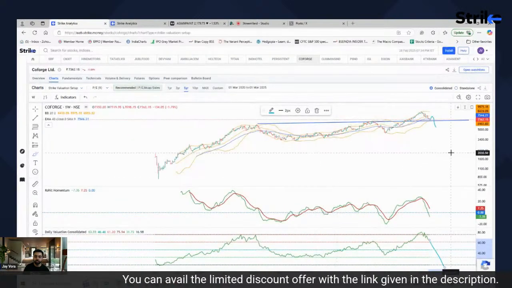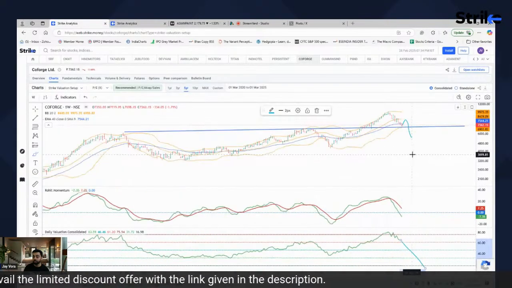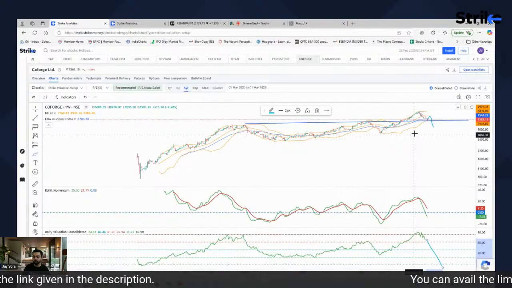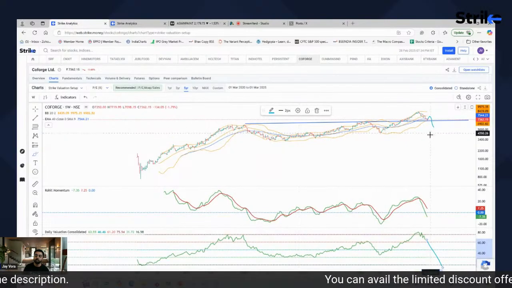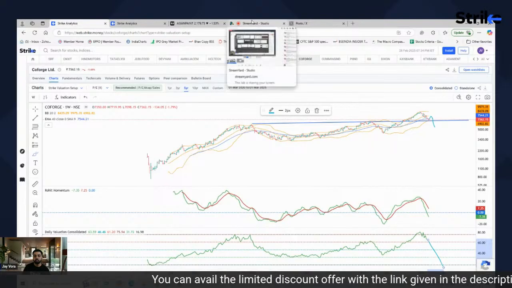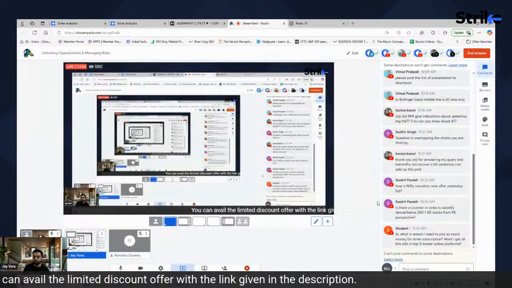So it can be a slow grind and a painful corrective structure, especially if this AI bubble fades and you end up seeing derating in the stock. So that is broadly the setup that I wanted to discuss.